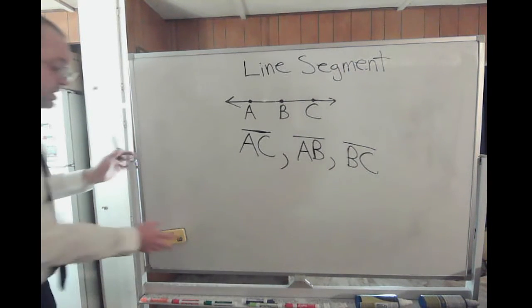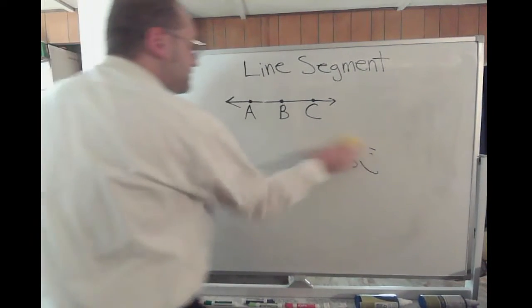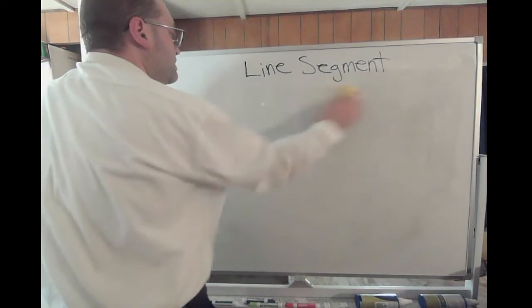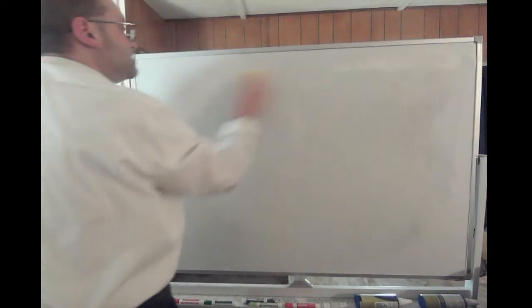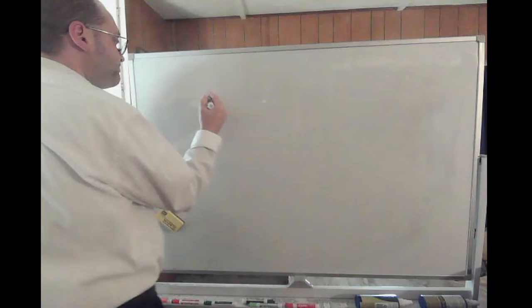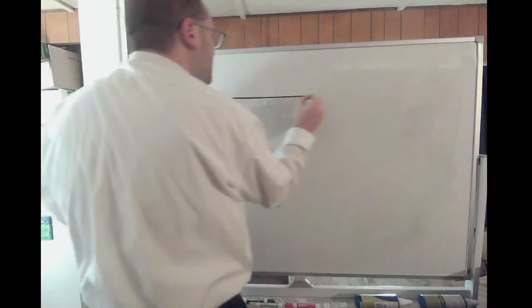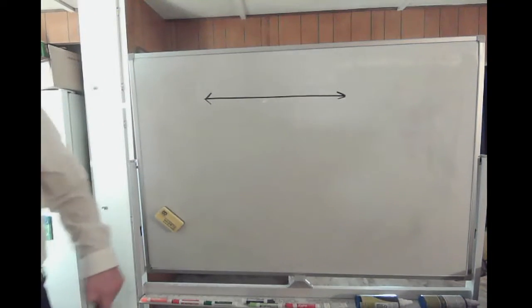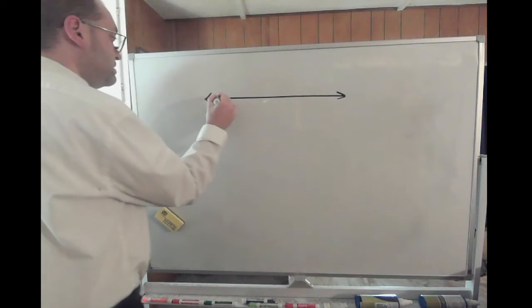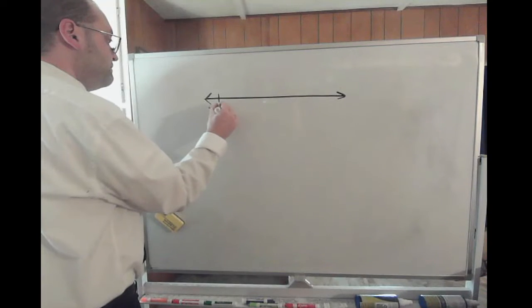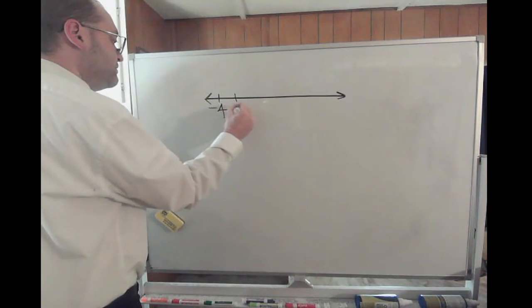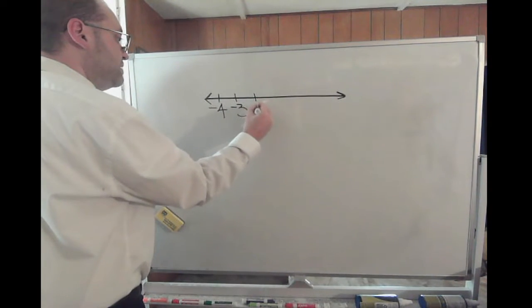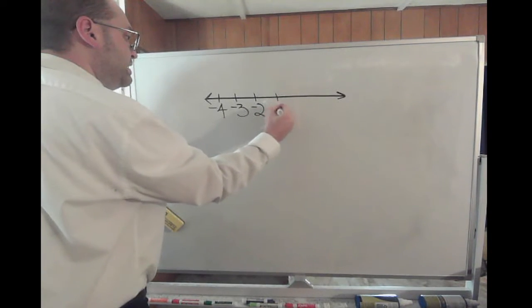Okay, so let's do a little bit here with some number lines. Alright, what do we got here? -4, -3, -2, -1.